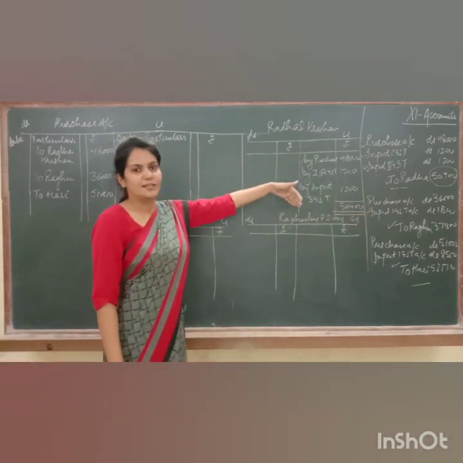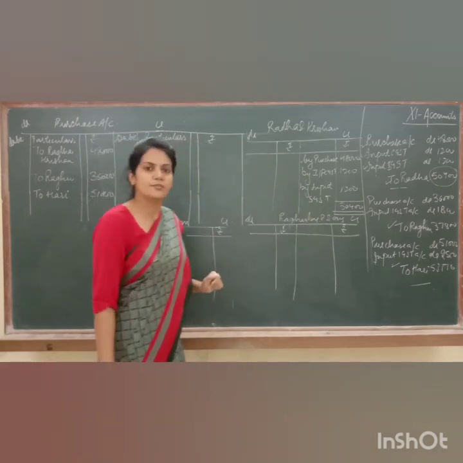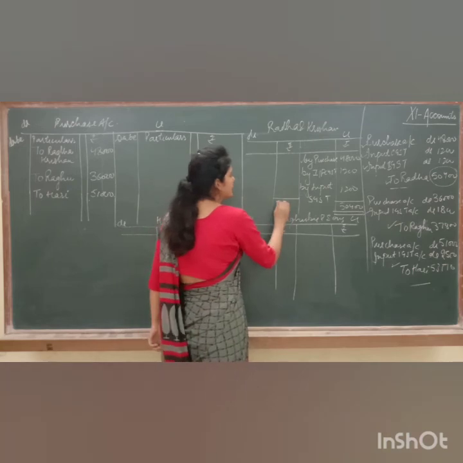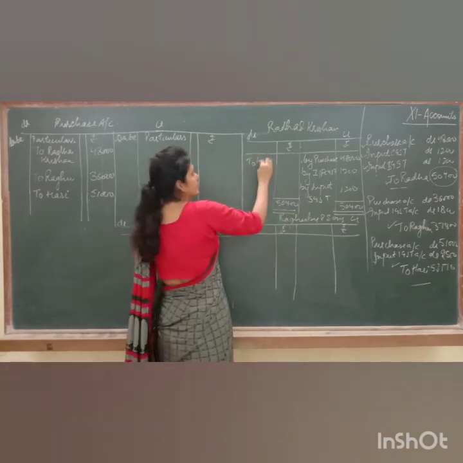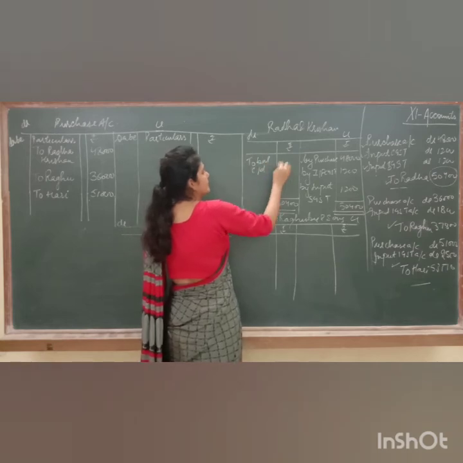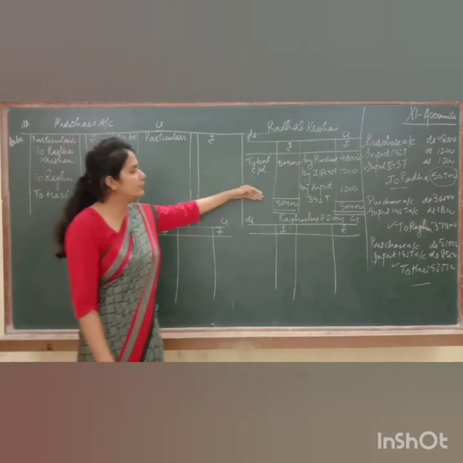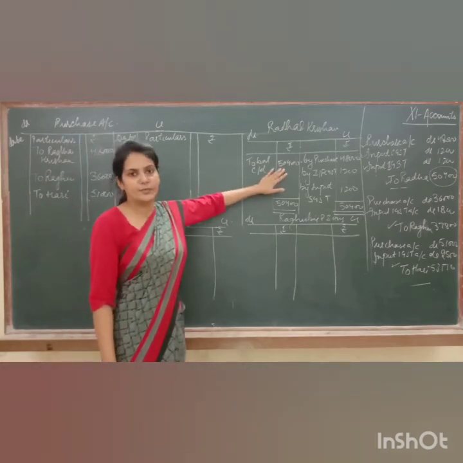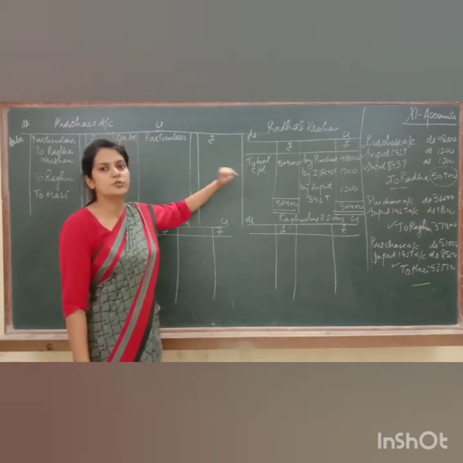Check which side is greater. It's clearly understood that there is nothing on the debit side, so the credit side only is the greater side. Write the balance of the side whichever is greater. To balance carried down, because to make them equal, we need to write some balance on the debit side, and whatever we write on the debit side will always start with the word to.